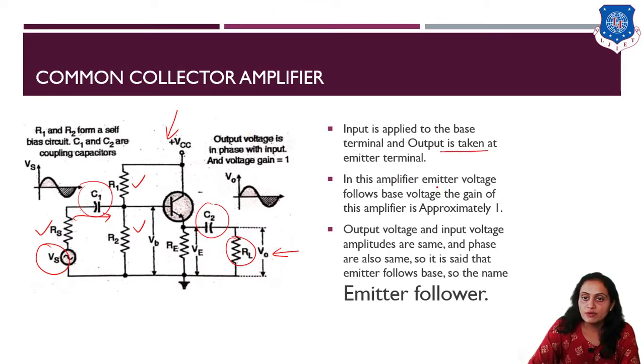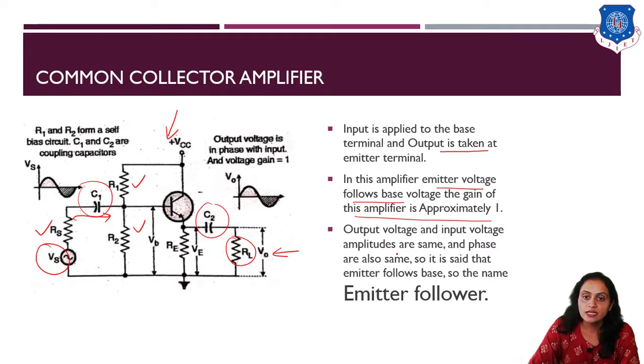In this amplifier, the emitter voltage follows the base voltage. The gain of this amplifier is approximately 1. Whatever voltage we get at the emitter is just like the voltage we have applied to the base. So the output voltage and input voltage amplitudes are the same and the phases are also the same.